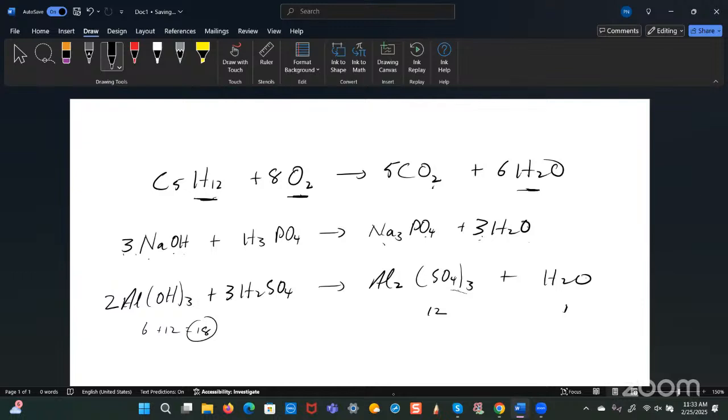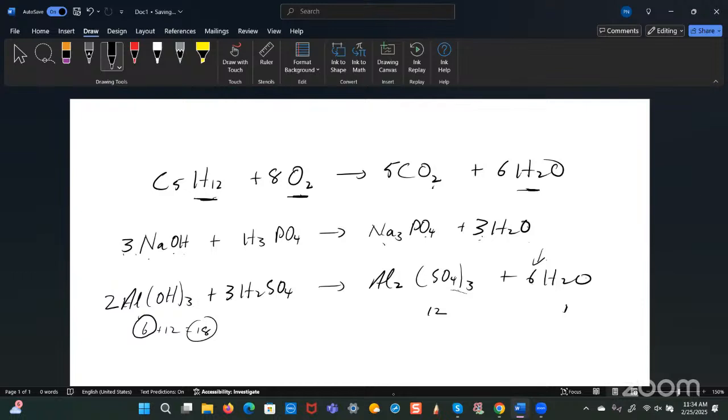Anybody out there in Zoom can answer that question? What do we put here to balance the oxygens? Give me a hint. It would be 6. Exactly.